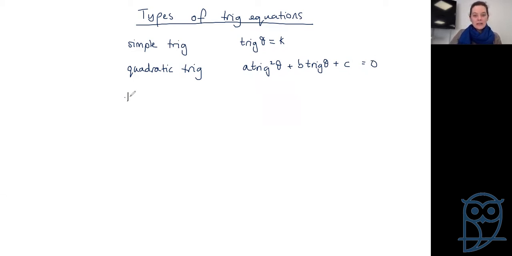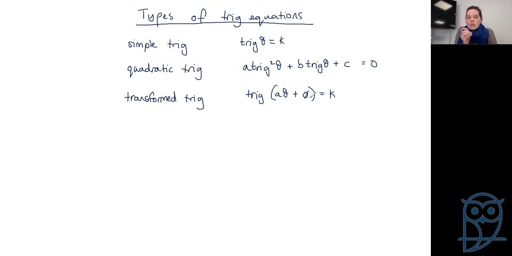And our last one is our transformed trig. So this would be an equation where you had trig of a theta plus phi equals k. So there's things happening to your theta before you do the trig function. So sine of 2 theta.